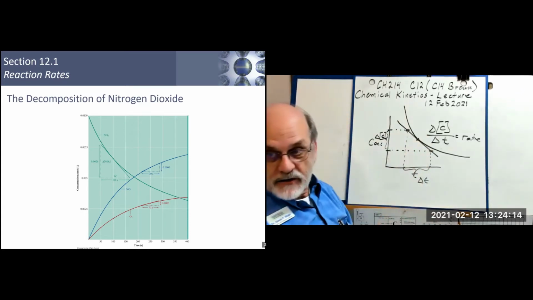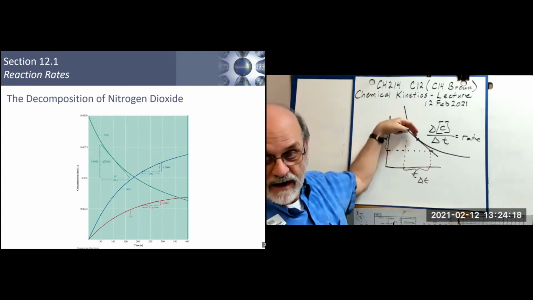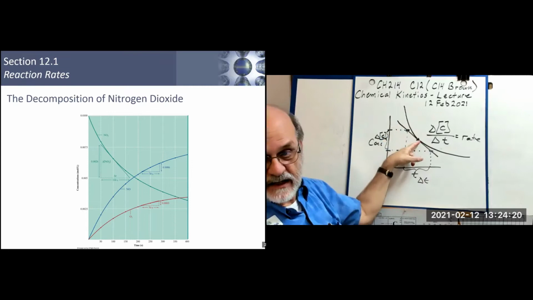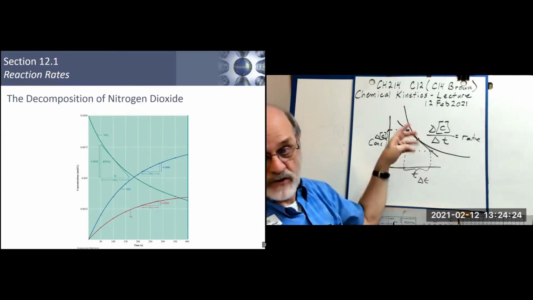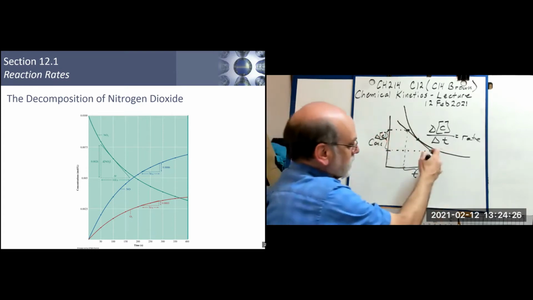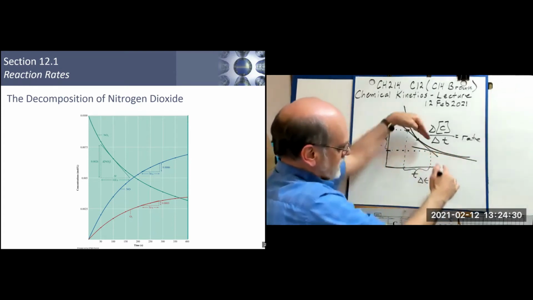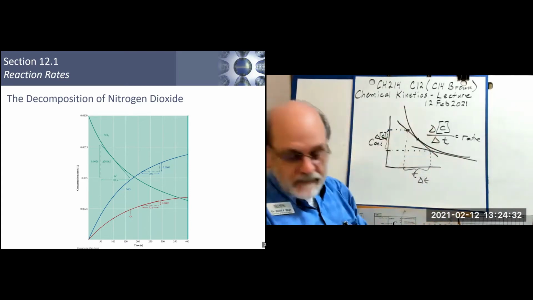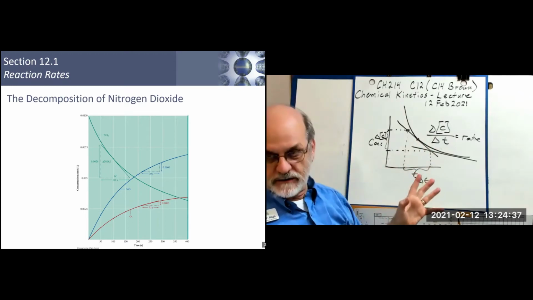So the slope of this straight line is a tangent to that curve. And that is the instantaneous velocity at that point of the curve. If we measure it somewhere else, like down here, it would be different. See, it's changed. So the instantaneous velocity along that curve changes.